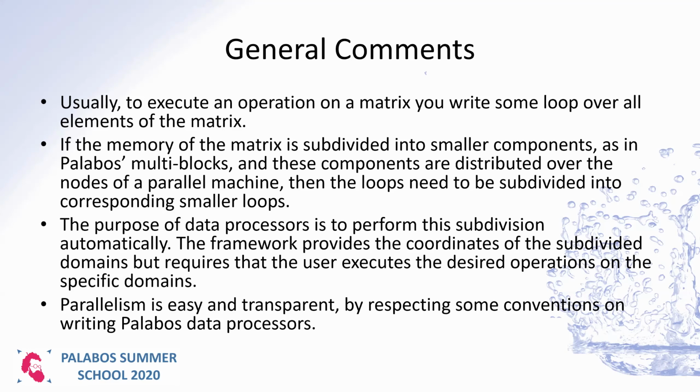One loop for each of these atomic blocks. A given node of the parallel computer can have one atomic block or many, so it can execute one loop or many loops. The trick is that you don't want yourself to write many loops, especially that all of them are doing the same. You want to write one generic version of this loop, and you want Palabos to execute that loop many times, once for every one of these atomic blocks. And this is what the data processors do for you in a transparent way.